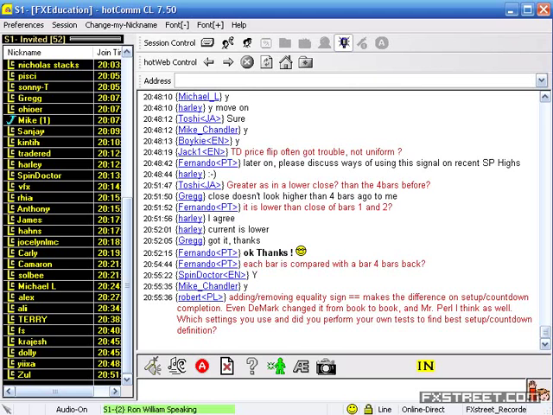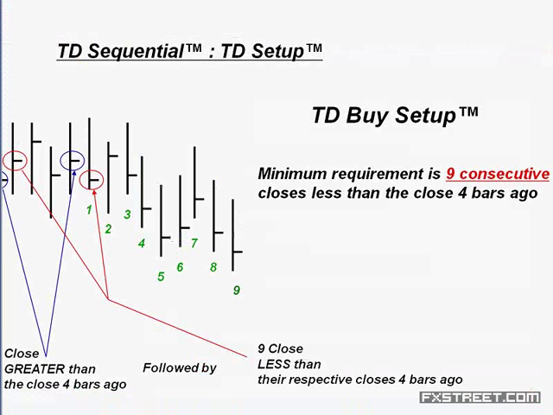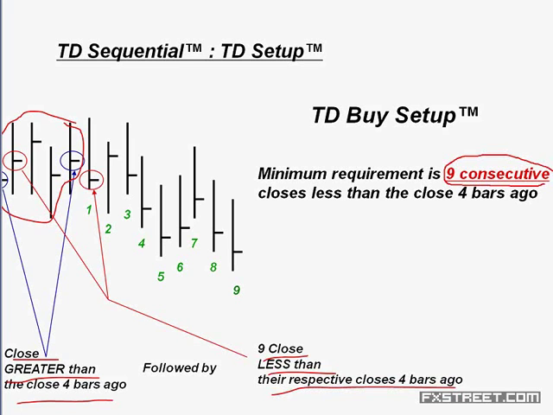Okay, so that's the setup stage. Now I'm going to show you the setup stage in a more realistic picture here, and we can see the initial price flip in this stage here, where the close is greater than the close 4 bars ago. This is then followed by 9 closes less than their respective closes 4 bars back in history, and we can see that happening on a consecutive, remember I said, consecutive time frame.